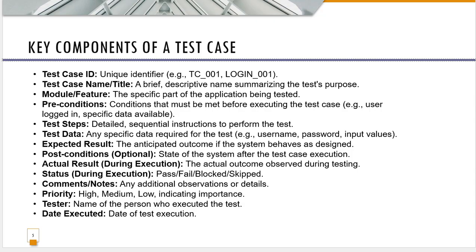We also specify that on the basis of modules. That's the test case ID. Then the test case name and title. We should mention the name and title of each test case: login test cases, onboarding test cases, or order test cases, such as mutual fund order, equity order, derivative order.